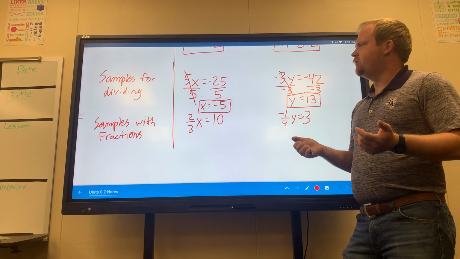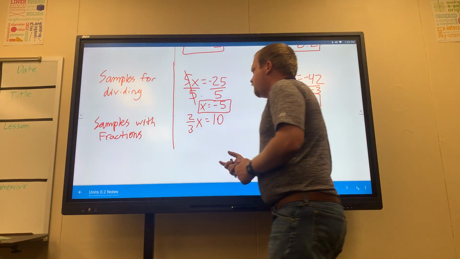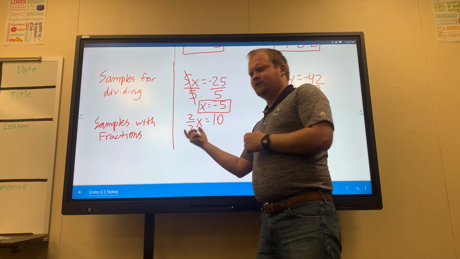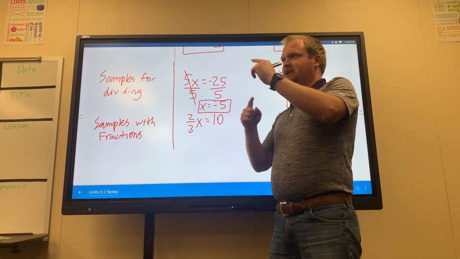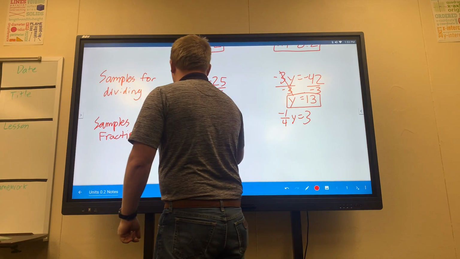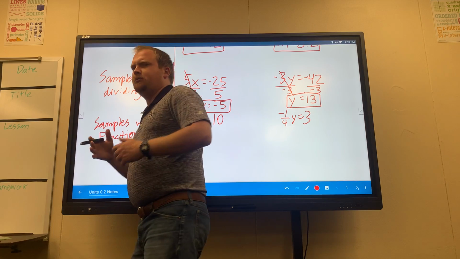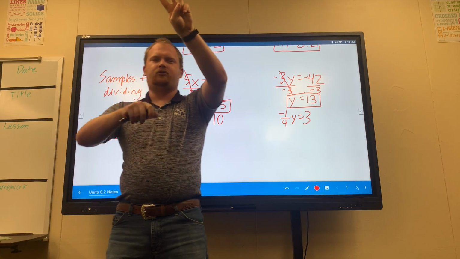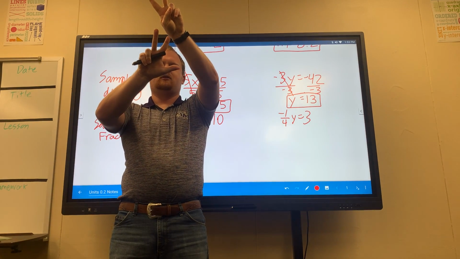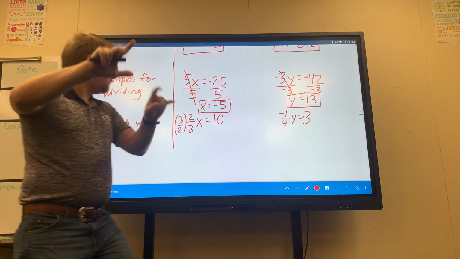Well, what you could do is what we call reciprocal. I'm going to take the reciprocal of this fraction, which means that I'm going to flip the fraction and multiply. So for example, if I have 2 over 3, I'm going to flip it to where it's 3 over 2.